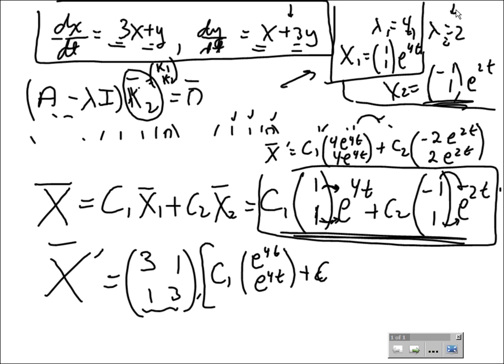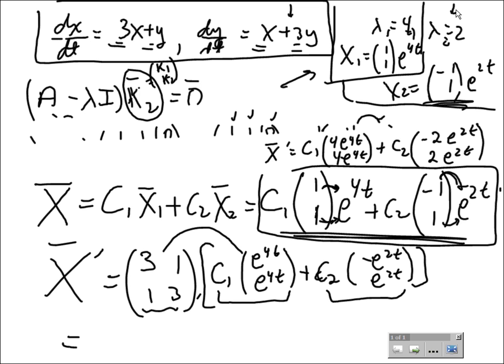Plus c sub 2 times negative e to the 2t, e to the 2t. Okay, so you get, now, it's this plus that in the second bracket. So I can distribute when I multiply the matrices.